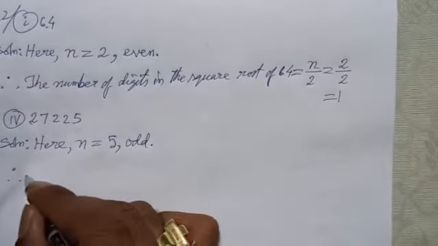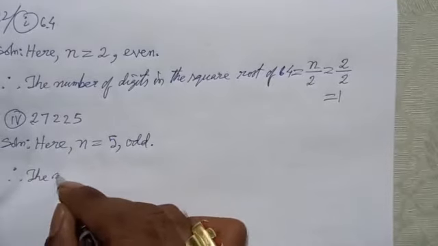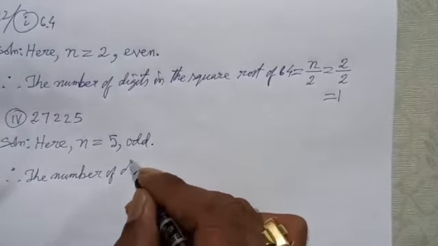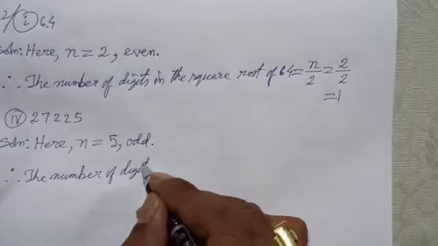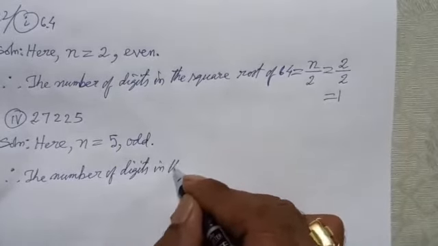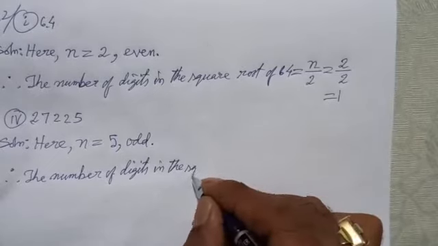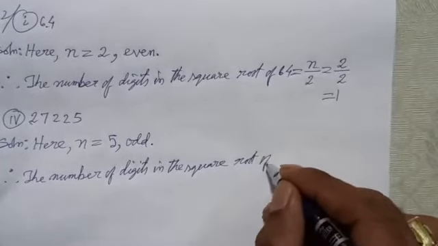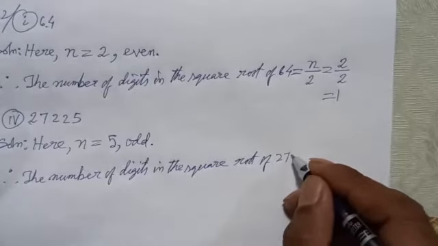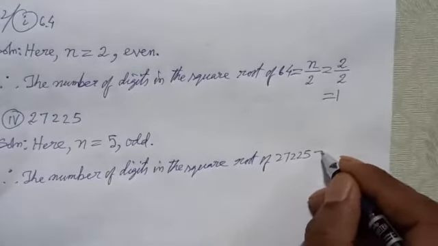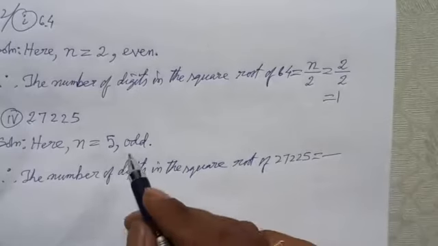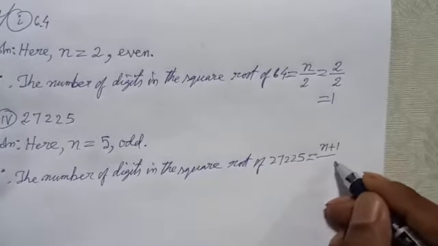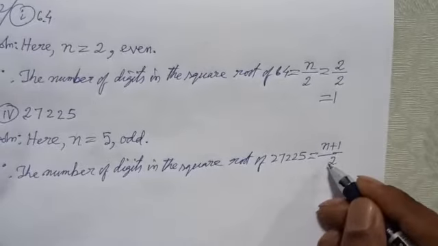Therefore, the number of digits in the square root of 27225 is equal to, since this n is odd, n plus 1 by 2 will be the number of digits in the square root.